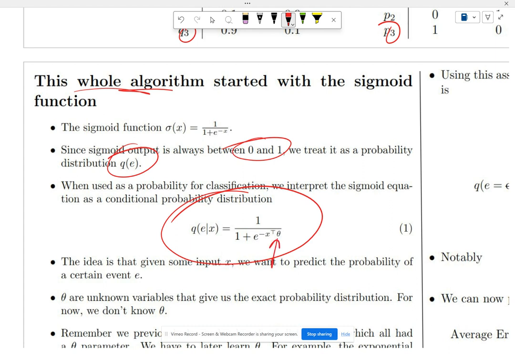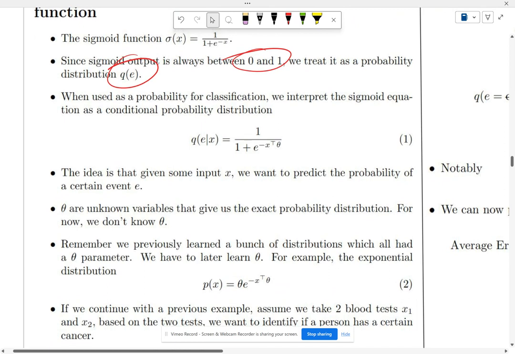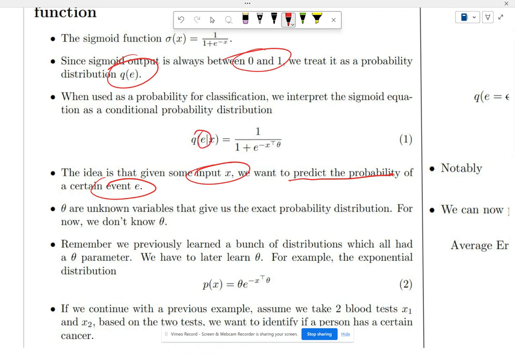Now, theta, we don't know. We know that if we put x in, it's going to give us some Q. So the idea is that given some input x, we want to predict the probability of a certain event E. Theta are the unknown variables, but if we can find them, they give us the approximate probability distribution. I shouldn't have written exact, approximate.